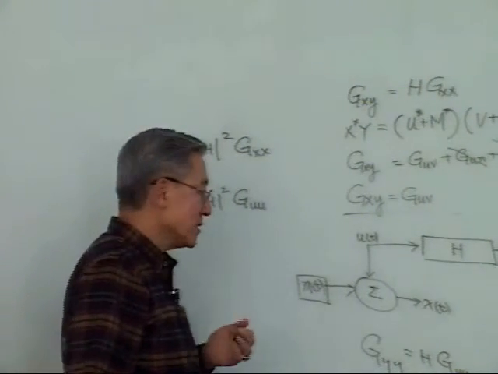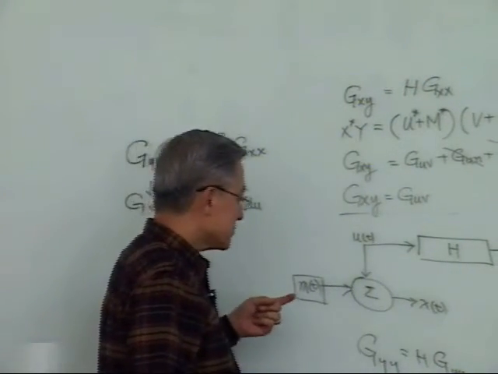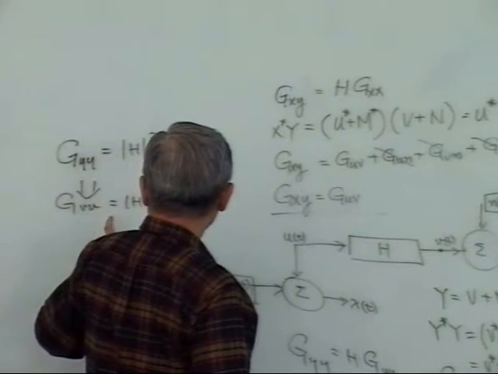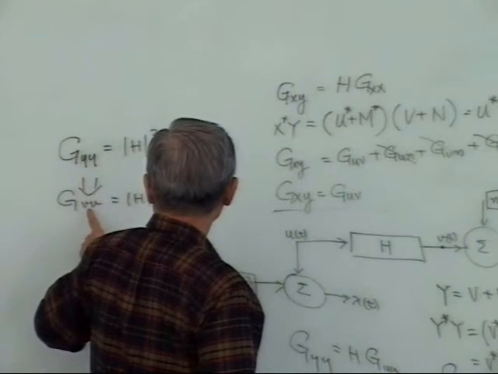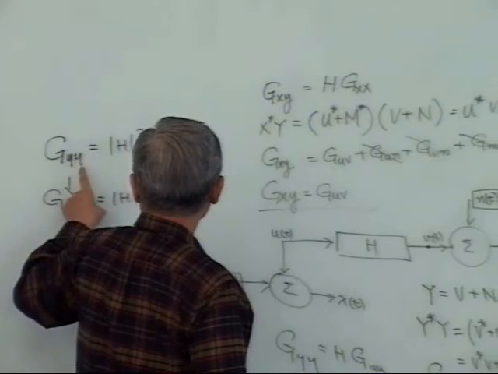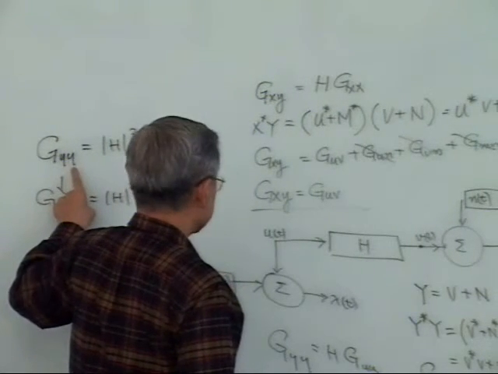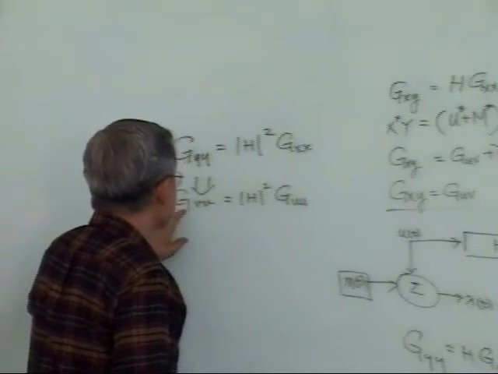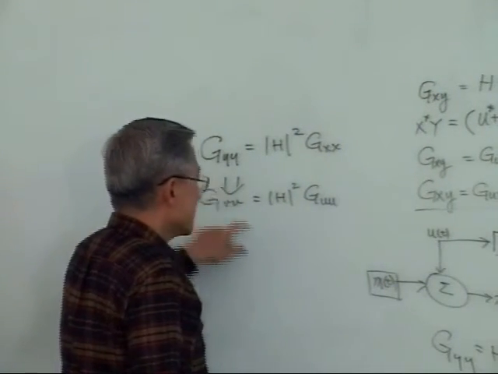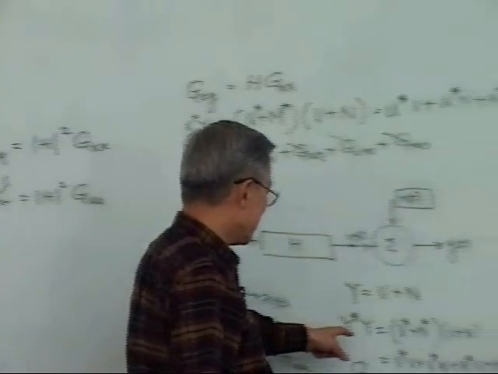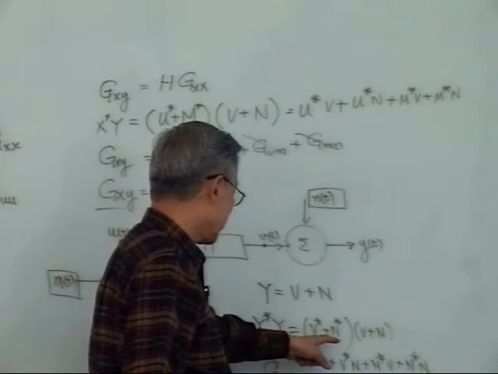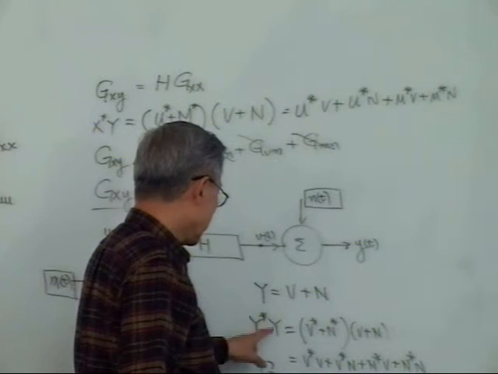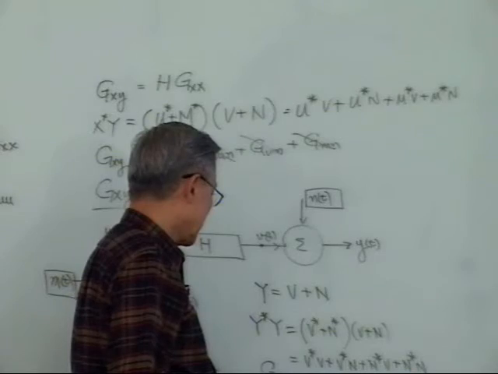Makes sense, uncorrelated. But I'm trying to prove that this guy is equal to that guy. This guy is, that's what I put right in there. Y star Y is GYY.